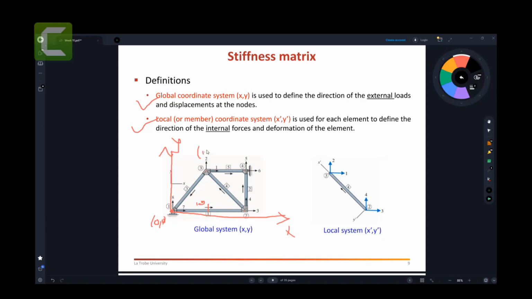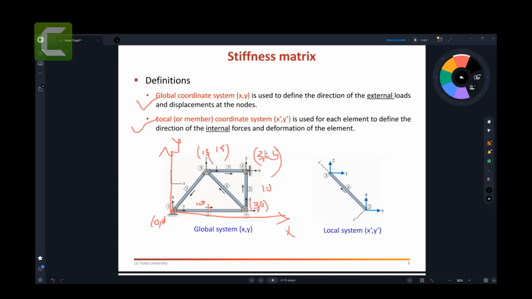Then you can have 1.5 going here, and let's say 1.5 up. Then let's say this is 3, 0, and this one 3, 1.5. So based on this 0, 0 here, you will have a coordinate. You have a position of each node and dimension and everything. That is the global coordinate system.